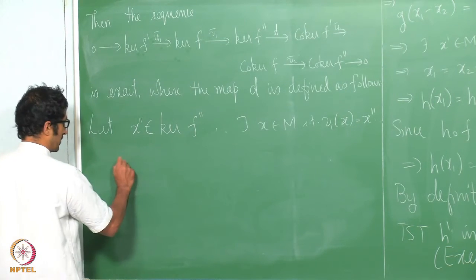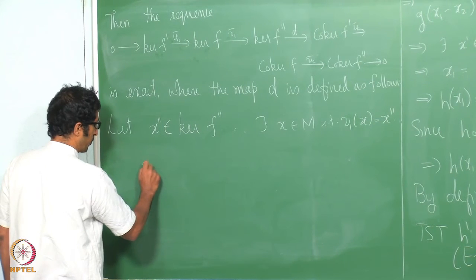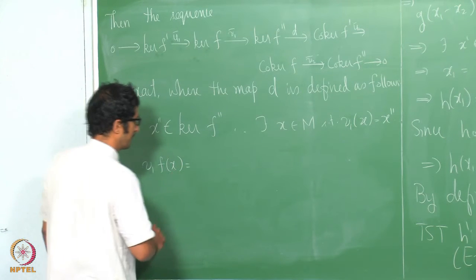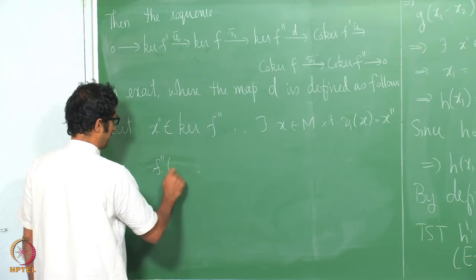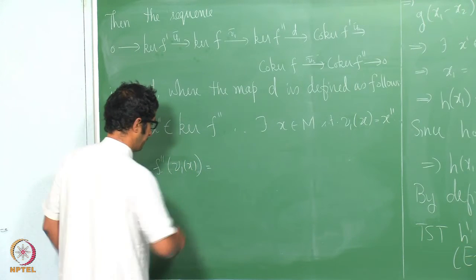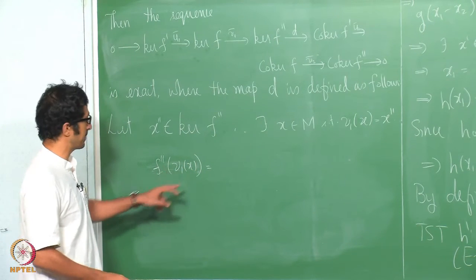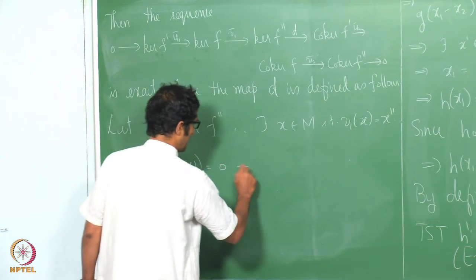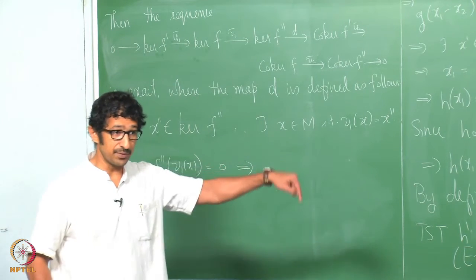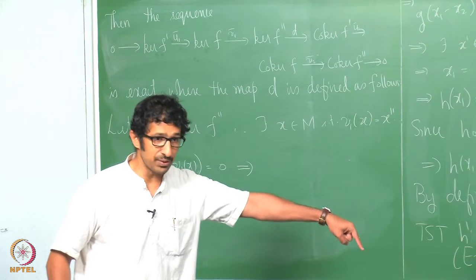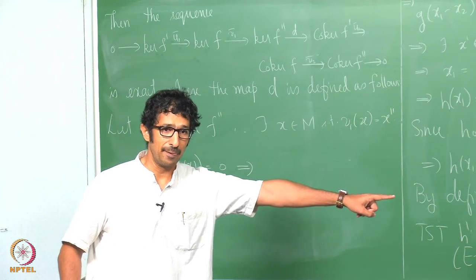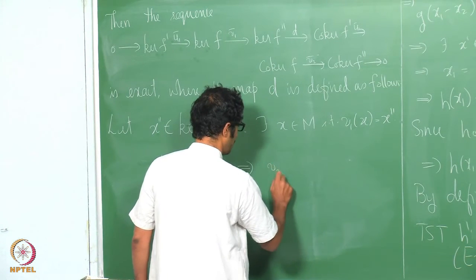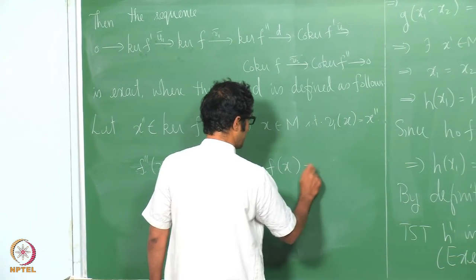Now, what can you say about f double prime of v1 of x? v1 of x is x double prime and x double prime is in the kernel of f double prime, therefore this is 0, and that implies, as the diagram is commutative, that you go to m double prime and come to n double prime, or travel the other way, you get the same element. In other words, we have v2 of f of x is 0.